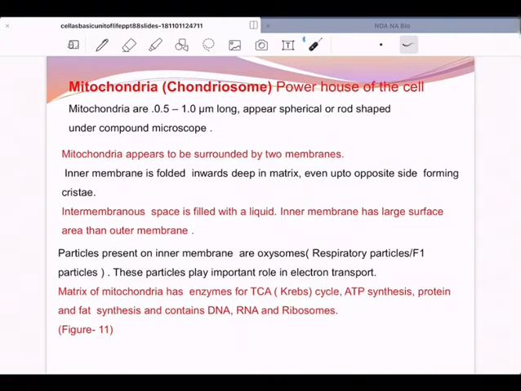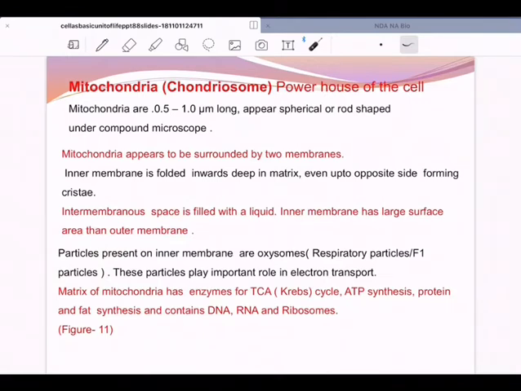The inner membranous space is filled with a liquid, and the inner membrane has a larger surface area than the outer membrane. Particles present on the inner membrane are called oxysomes, and very commonly, famously, they are called F1 particles.